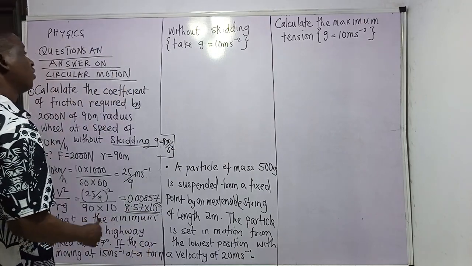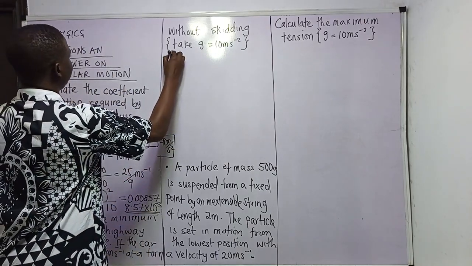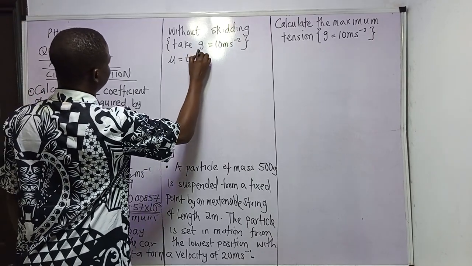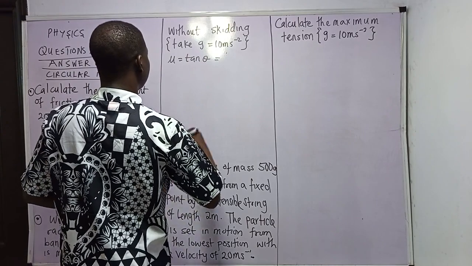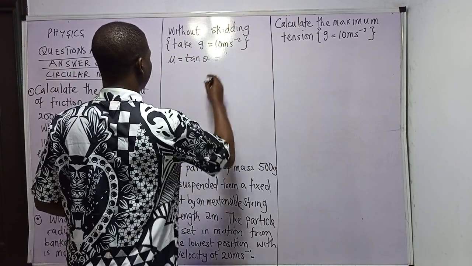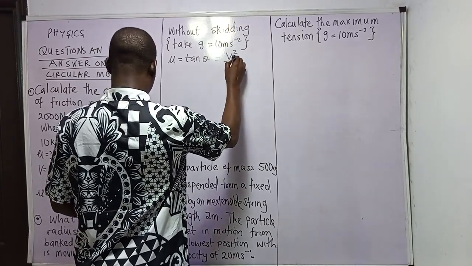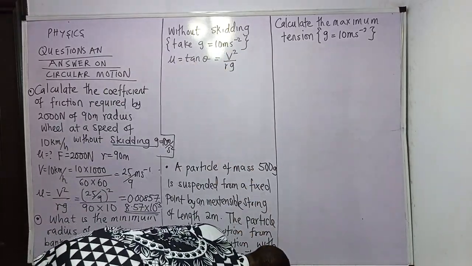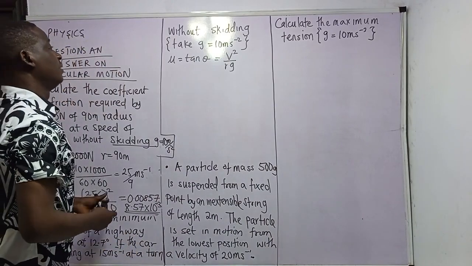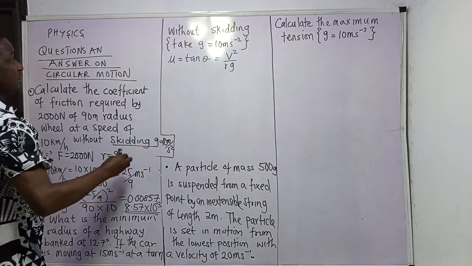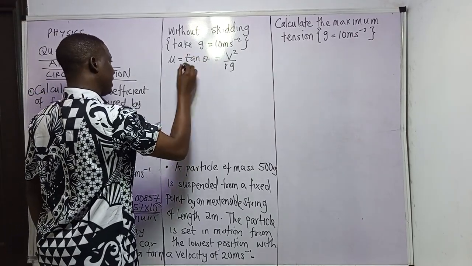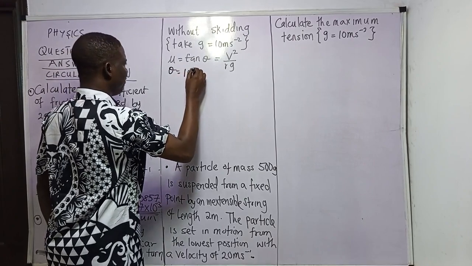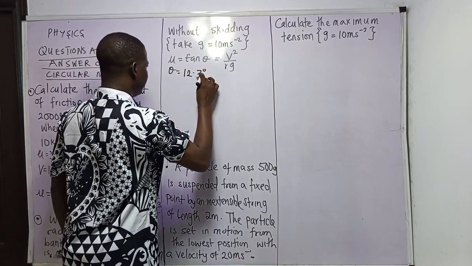Now, since it does not skid, your mu, which is equal to tan theta, is equal to V square over RG. That's what we want to use here. We are given the angle theta as 12.7 degree.